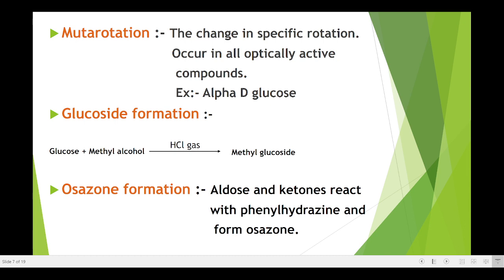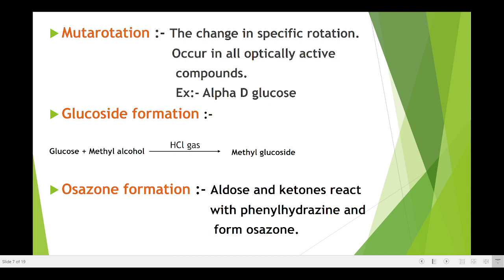When we prepare the solution of alpha D glucose, the rotation falls to plus 52.7. And if we add some catalysts like acid and alkali and heat the solution, we can see a gradual change in specific rotation. This process is called mutarotation.